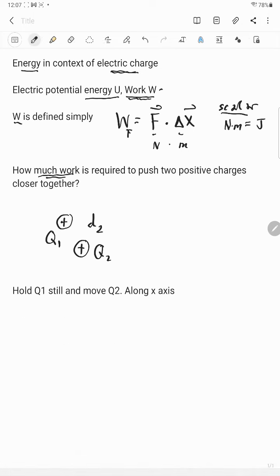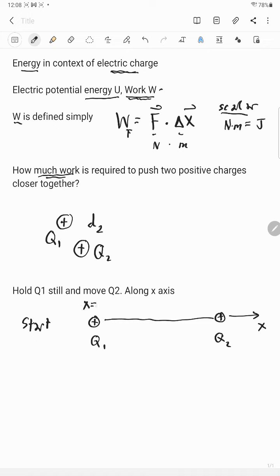So that's what I've done here. So we could say that we start with Q1 here and Q2 way over here, and there is an x-axis like this, and let's put Q1 at the origin.